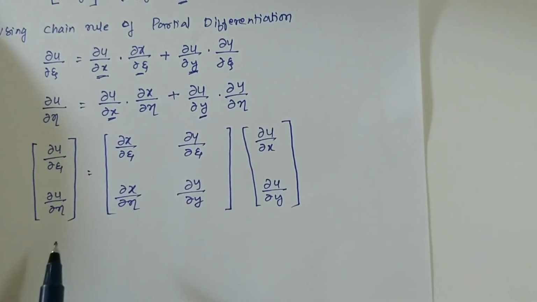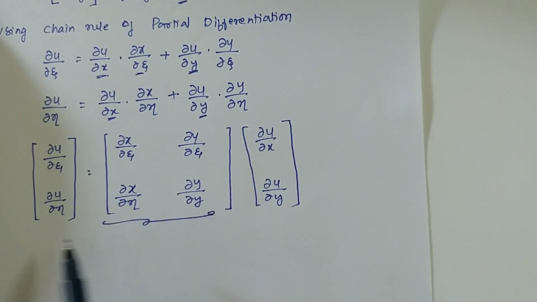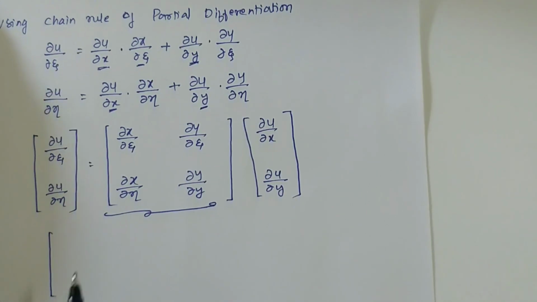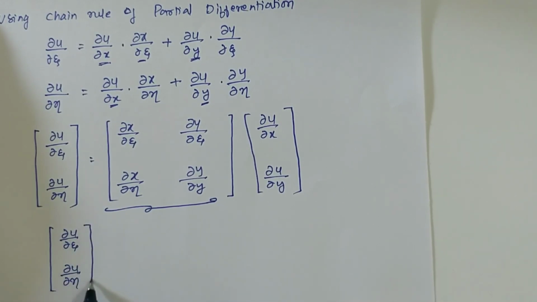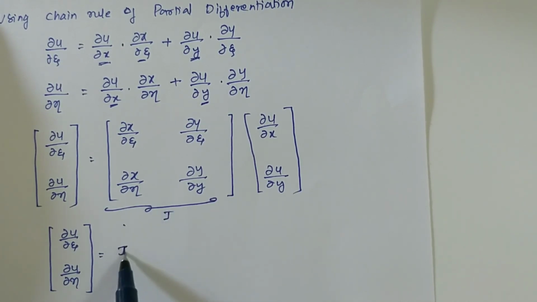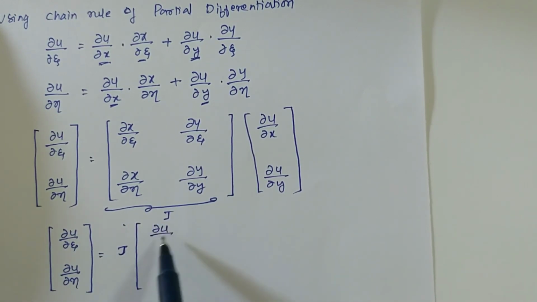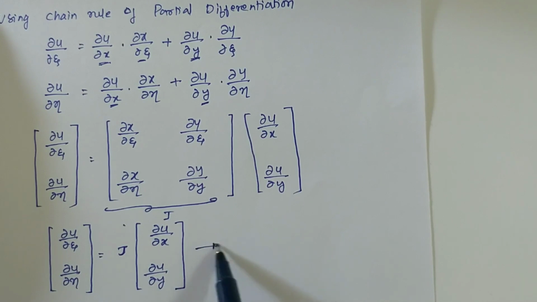Finally, this entire matrix can be called the J matrix. So dou u by dou zeta, dou u by dou eta can be represented with this entire matrix replaced as J matrix, which is called the Jacobian, times dou u by dou x, dou u by dou y. We can call this equation 2.